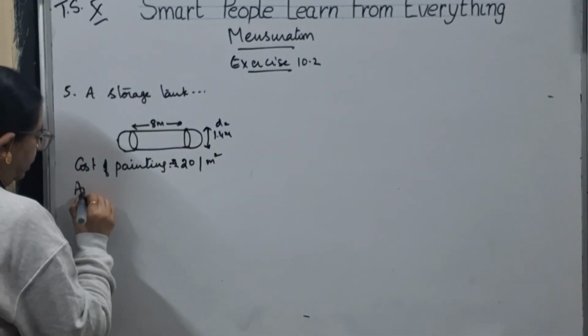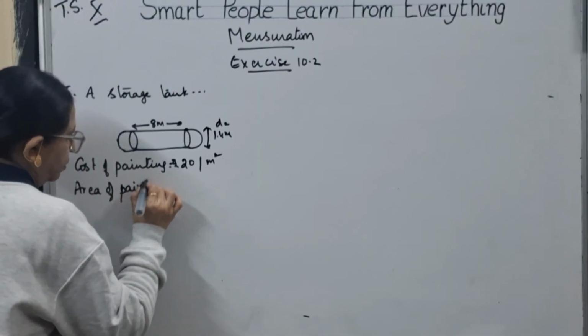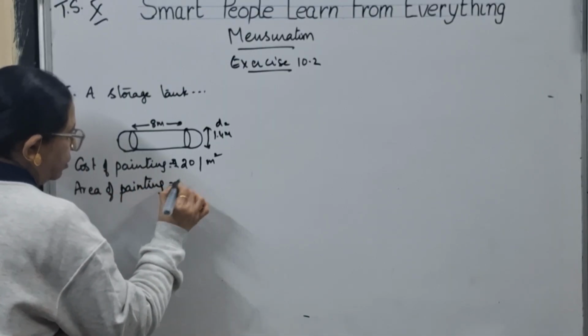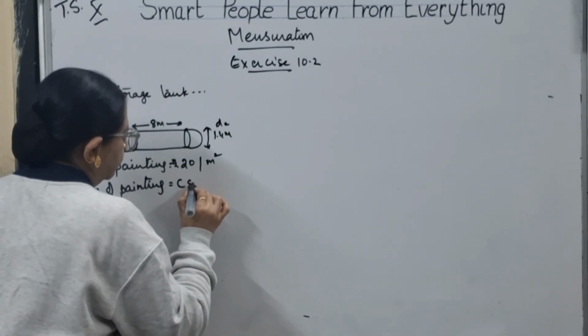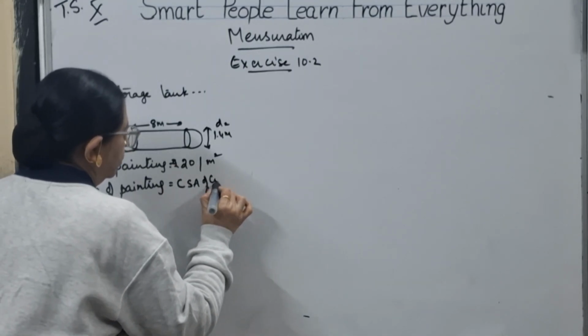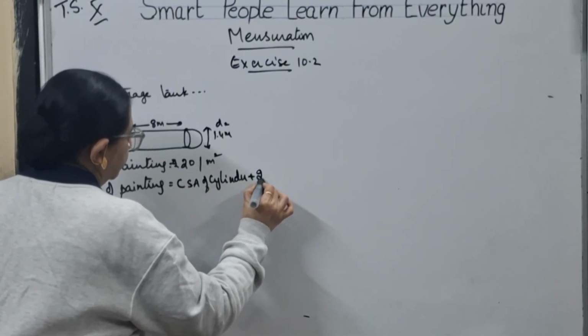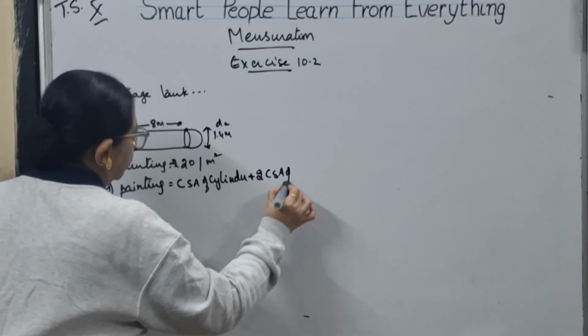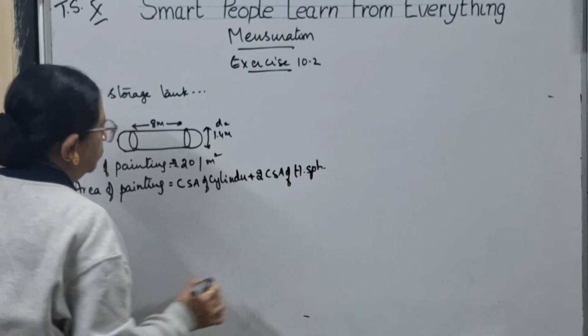Now, what is the area of painting? Area of painting is nothing but the curved surface area of the cylinder plus twice the CSA of the hemispheres. This is the formula.